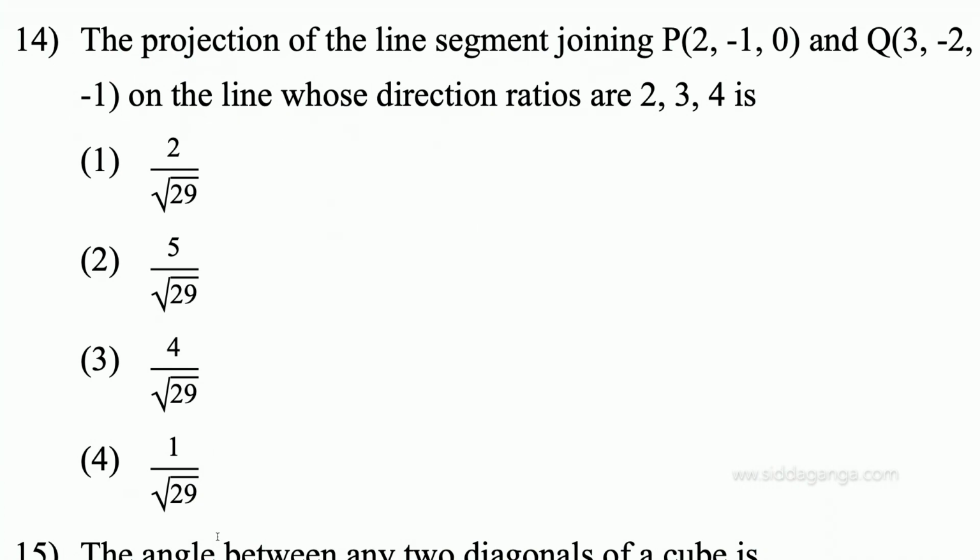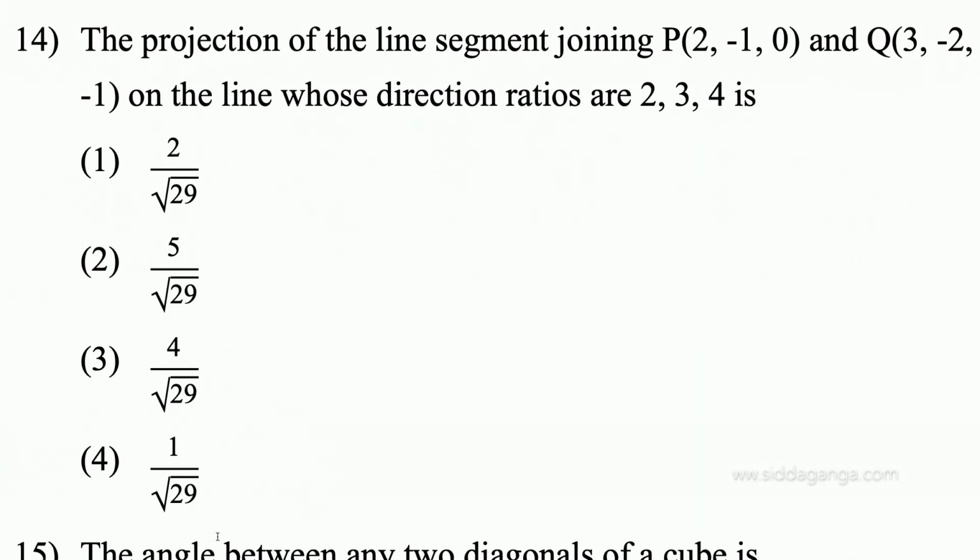Okay, let's move to the 14th question. This question asks for the projection of the line segment joining P and Q on the line whose direction ratios are 2, 3, 4.